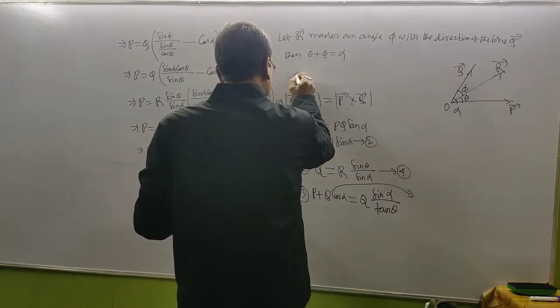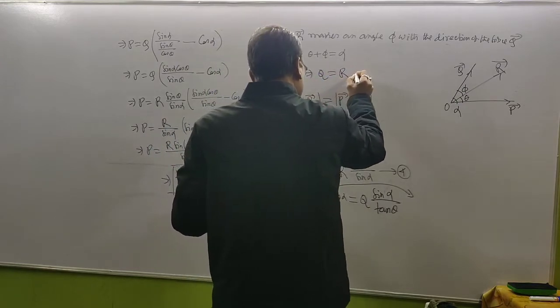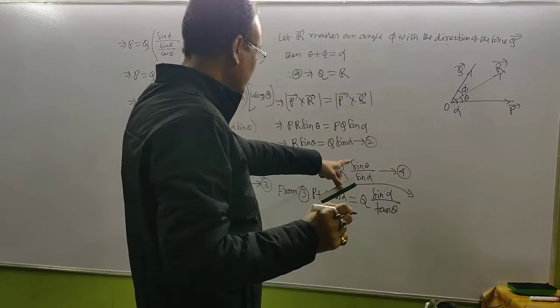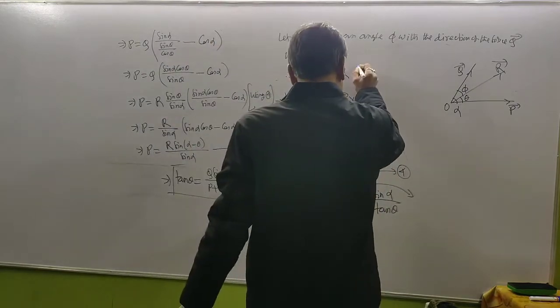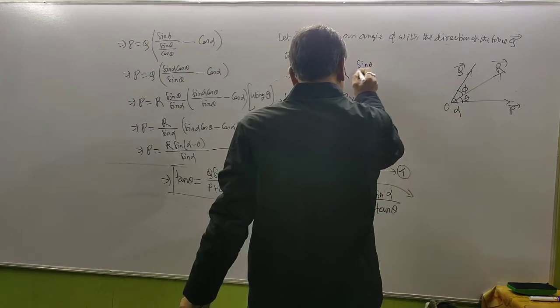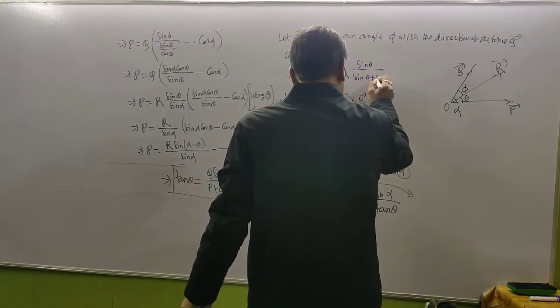Therefore, from 4 you will get Q equal to R sin theta divided by sin theta plus phi.